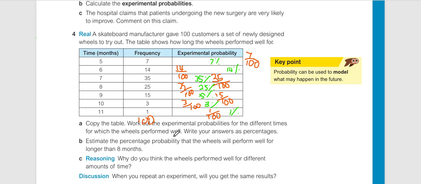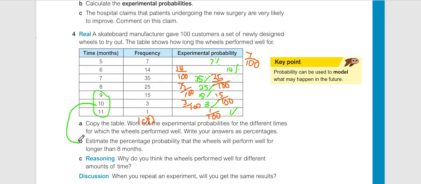Estimate the percentage probability that the wheels will perform well for longer than 8 months. For longer than 8 months, are you including 8 months? No. Longer than 8 months, so you have to choose 9, 10 and 11 months.